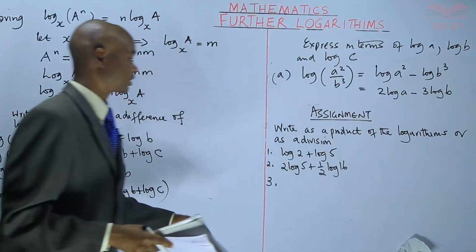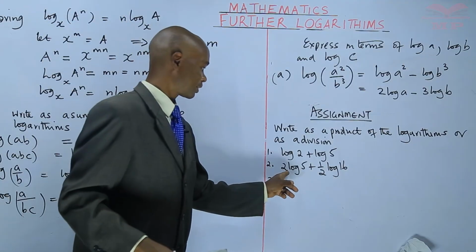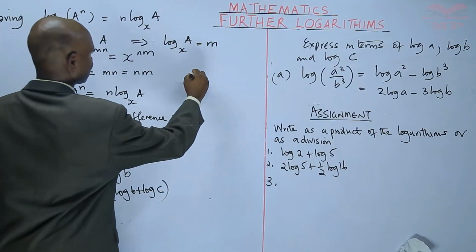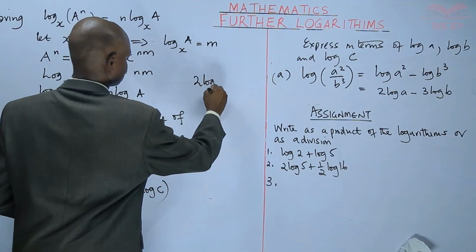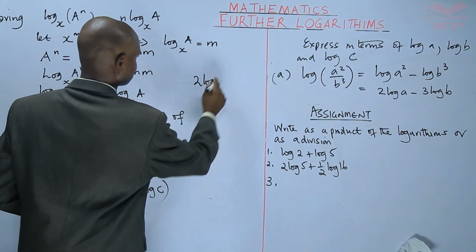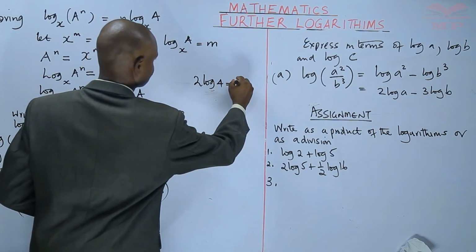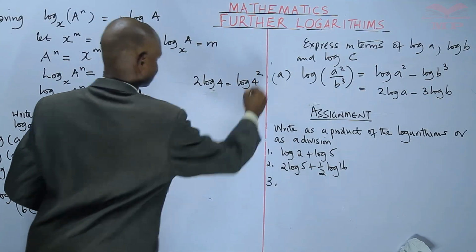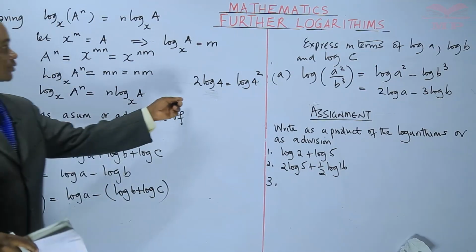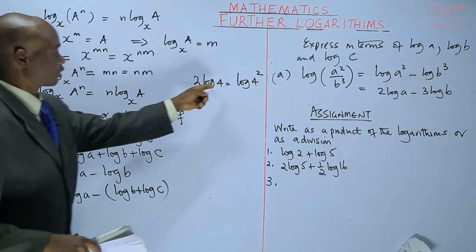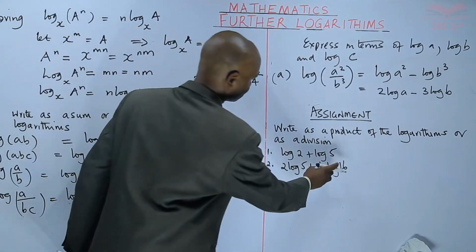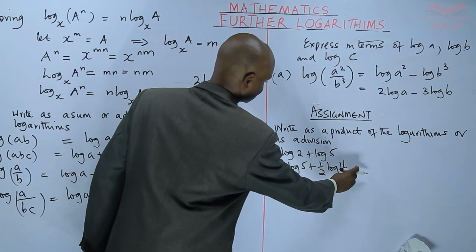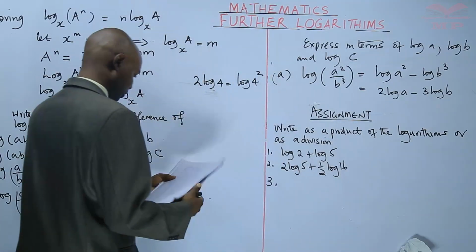Before I go very far, 2 log 4 is the same as log 4 squared. You take the 2 to the other side, it will become log 4 squared. So this will be the same as log 16 raised to a half.